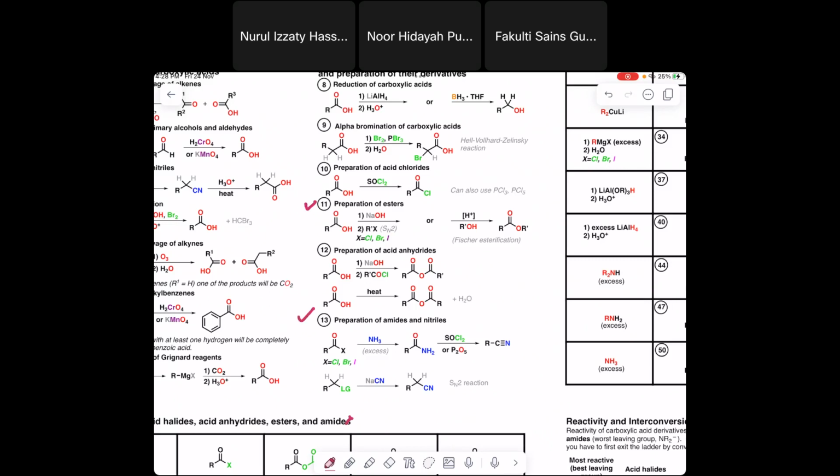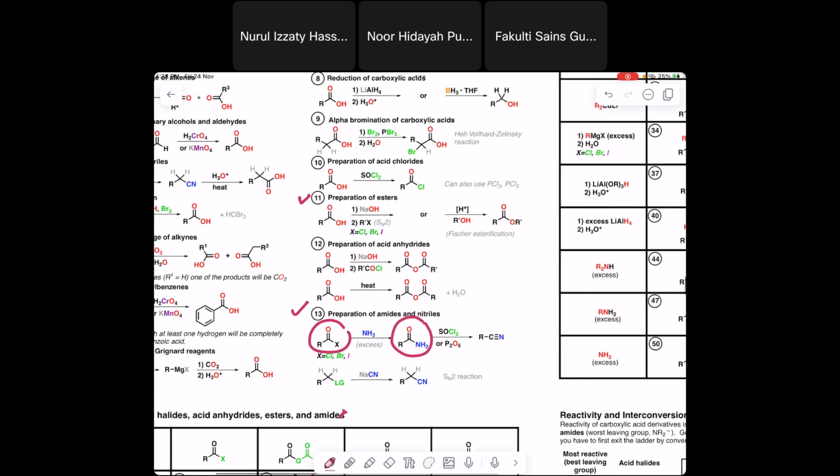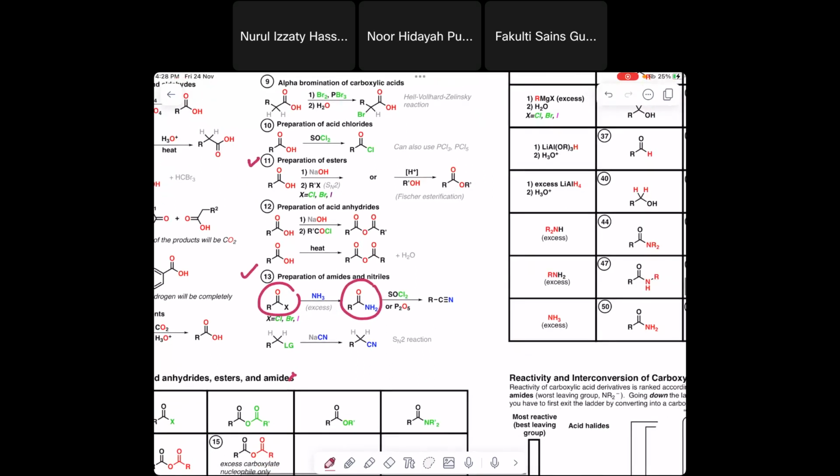So for amide pula macam tadilah, you usually need to start daripada acid chloride lah. Dia tak boleh start daripada carboxylic acid. Okay, so you start daripada acid chloride, you put an excess of ammonia, you get an amide. That is how you prepare your amide.